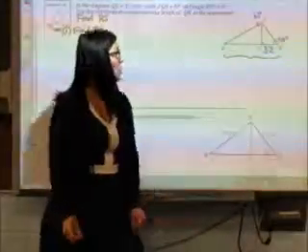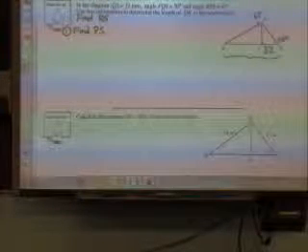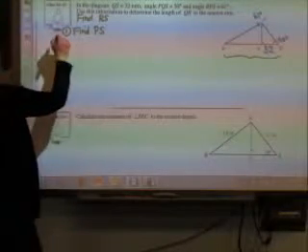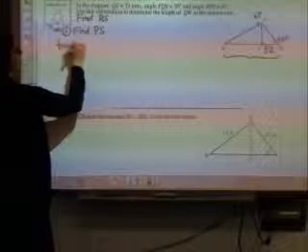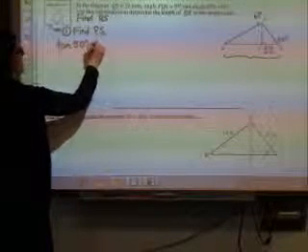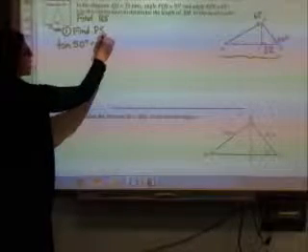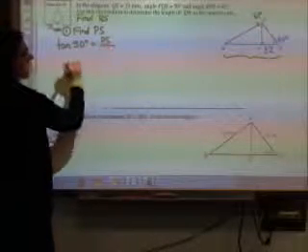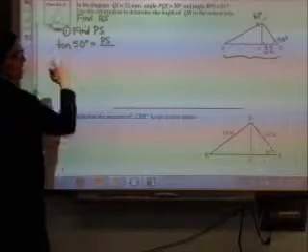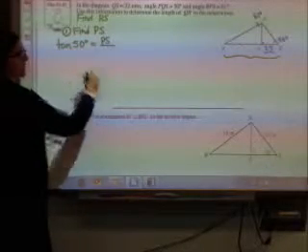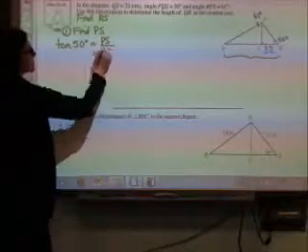So how can I go about finding the length of PS? What could I use? I could use tan. Thank you, Taylor. So tan of what? Tan of 50 degrees equals X over 32. Instead of X, I'm actually going to use the letters PS, just because then I'm a little bit more certain of what exactly I'm calculating.